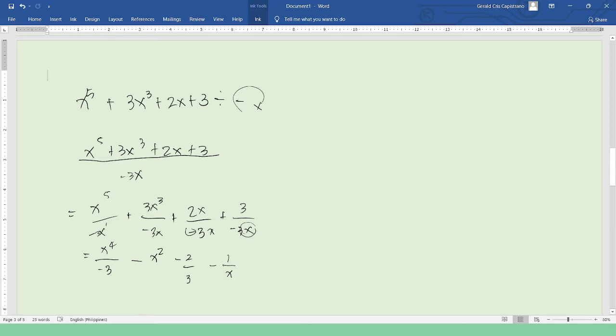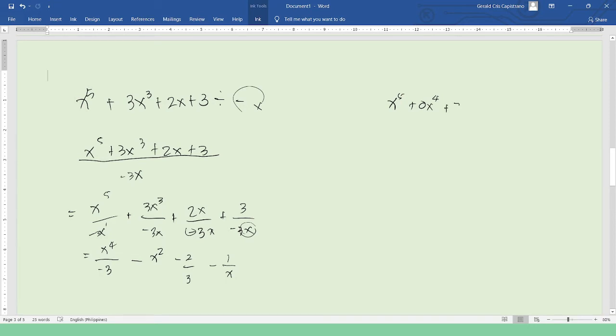So, itry natin yan dun sa long division. So, kung sabi nga natin, gawa natin ng standard form ito. So, magkakaroon tayo x raised to 5. Ano kasunod ng 5? Siyempre yung 4. So, magkakaroon tayo dito ng plus 0 x raised to 4. Okay?